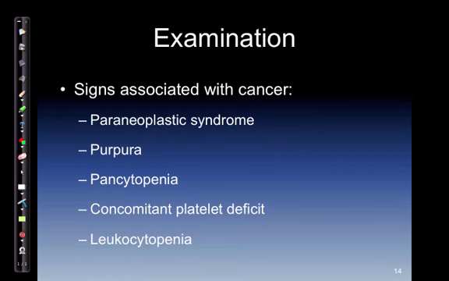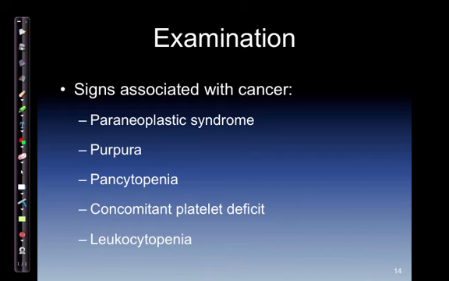On examination, signs associated with cancer. The paraneoplastic syndrome, physical signs that are a result of the cancer's effects on the nervous system. Purpura is another one, which is bleeding underneath the skin. Pancytopenia, the absence of red blood cells, which we generally consider anemic or anemia, the absence of white blood cells, or leukocytopenia, and the absence of platelets, which would be thrombocytopenia.